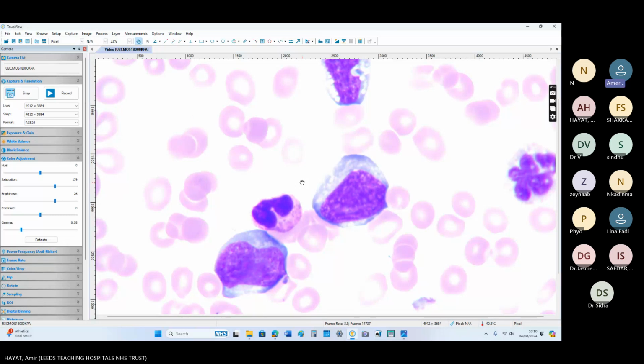So I asked more than the usual questions in this scenario because DLBCL is a hot topic in the FRCPath Viva. If they ask you regarding DLBCL, they will give you a scenario, go through the flow cytometry, investigations to confirm the diagnosis, double hit and triple hit lymphoma, IPI score.